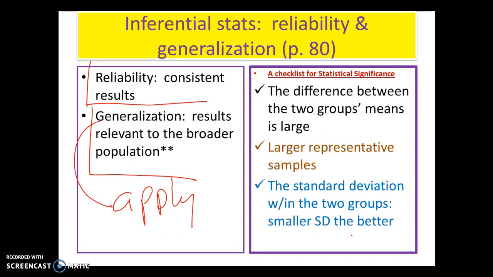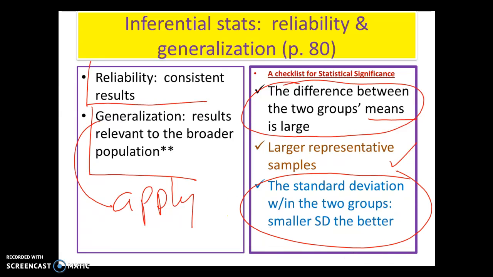So here they are. This is just common sense. We want the difference between the two groups' averages, their means, to be large. Okay? We want them to be different. We obviously want to use, which I didn't in my example, large representative samples. Thirdly, this is really important.